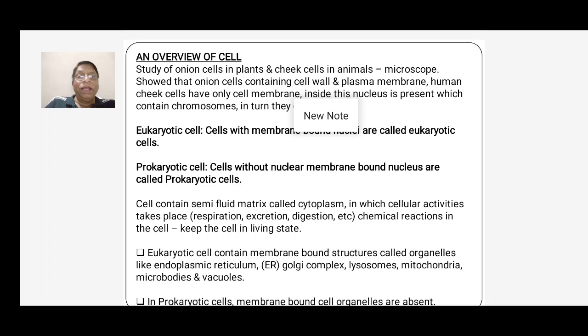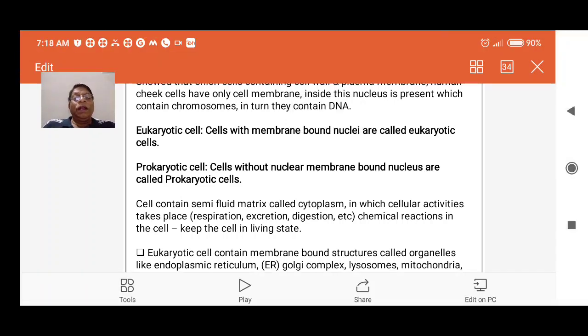The nucleus contains what is known as chromosomes. Chromosomes in turn contain the DNA. DNA means deoxyribonucleic acid.